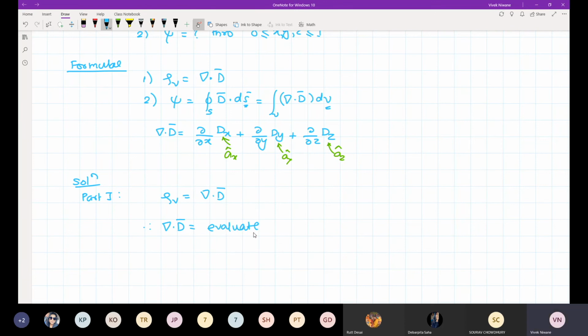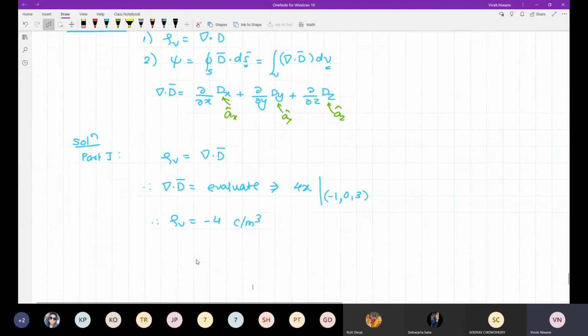After evaluating del dot d bar, you will end up with an expression 4x, which is once again to be evaluated at the point (-1, 0, 3). So we will have rho v equal to -4. Since it is a volume charge density, it will have coulomb per meter cube unit.